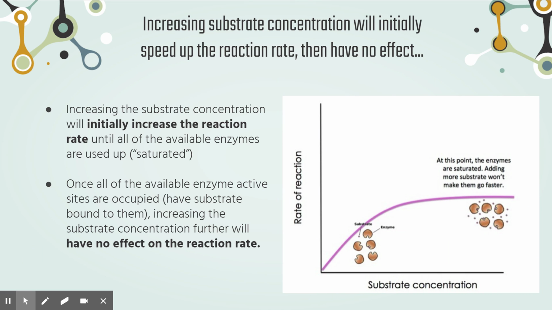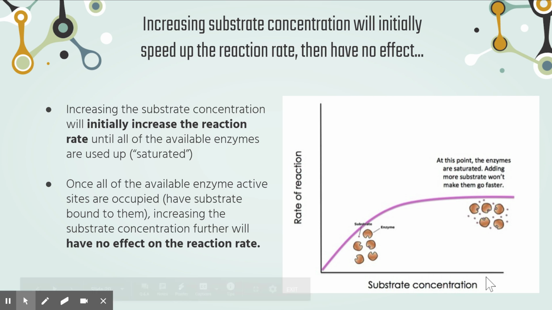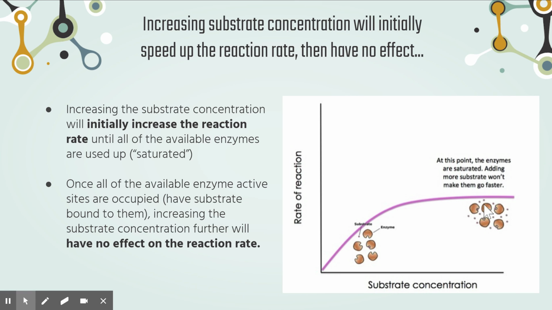Graphically, we can see that in this picture. This picture is now showing us the rate of reaction on the y-axis and the substrate concentration on the x-axis. We can see how this graph starts to rise, but then eventually levels off.